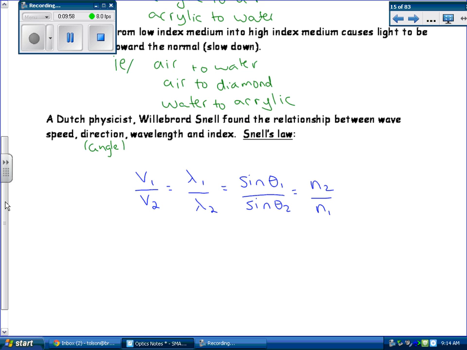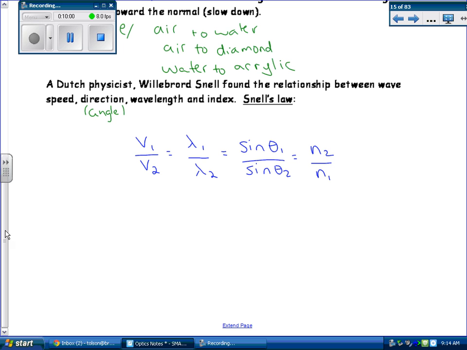What all the variables are in here: 1 is the incident medium, or the from. 2 is the refracted medium, or the to. So when I'm saying from air to water, air would be 1 and water would be 2.